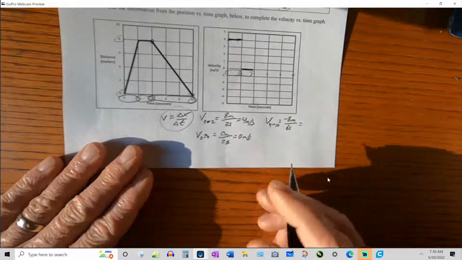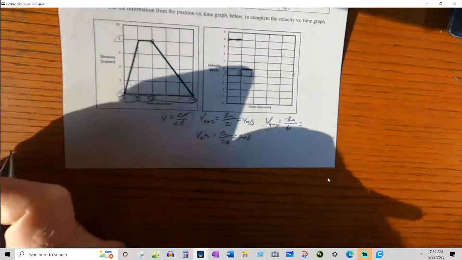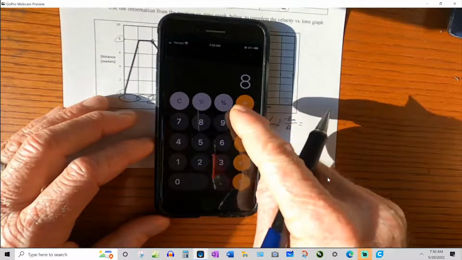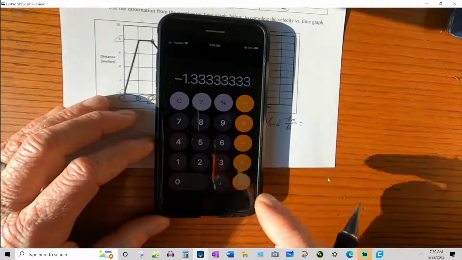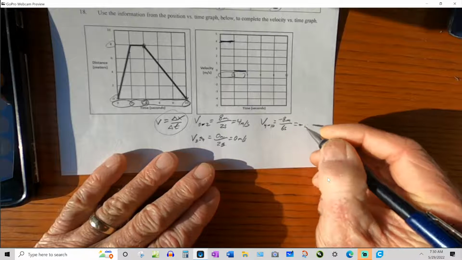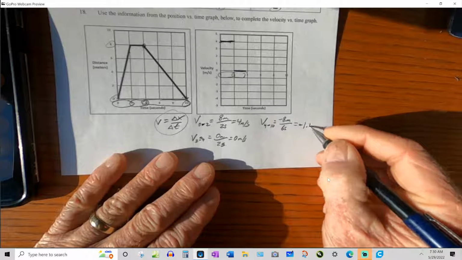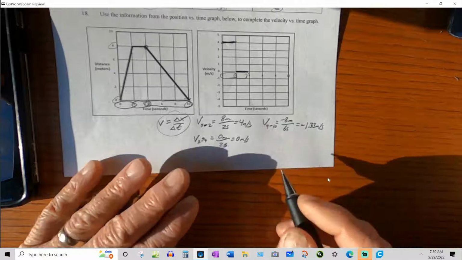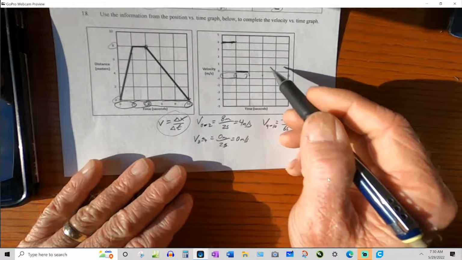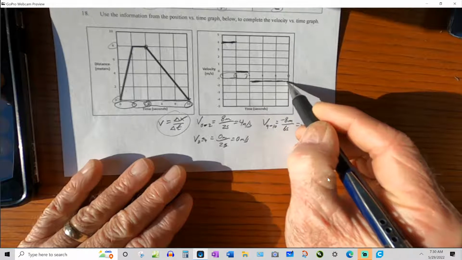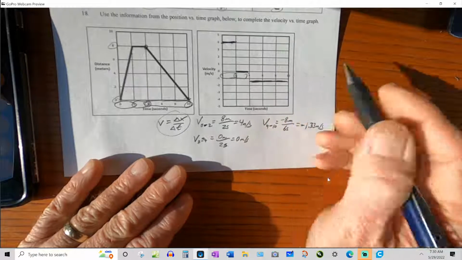So -8 divided by 6 is negative 1.33. And that would be somewhere around here for the 4 second to 10 second interval.